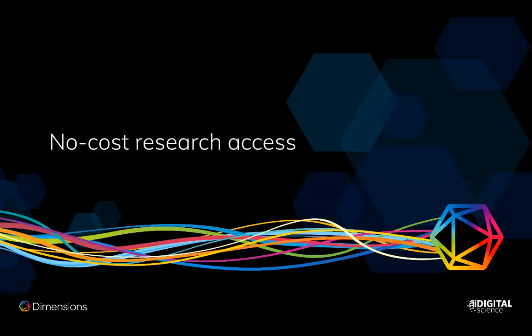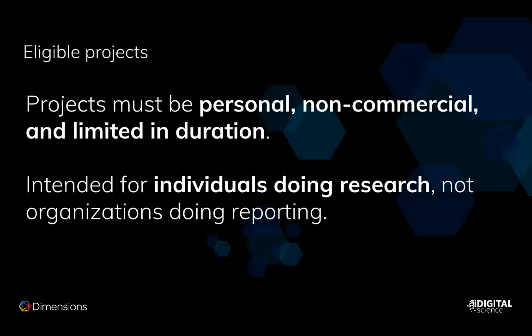And now let's talk about no-cost research access. So what kind of projects are eligible for no-cost access to Dimensions? Well, these projects must be personal in nature, they must be non-commercial in nature, and they must be limited in duration.